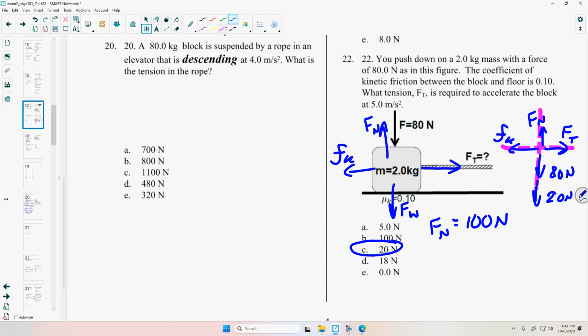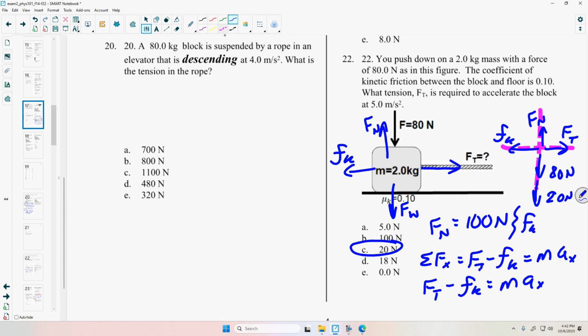The sum of the forces in the x direction is Ft minus Fk, and it deviates from the previous problem because this now has an acceleration. So Ft minus Fk is equal to the mass times Ax. Now, I can also find Fk. It's mu, which is 0.1, times Fn, which is 100. So that's 10 newtons.